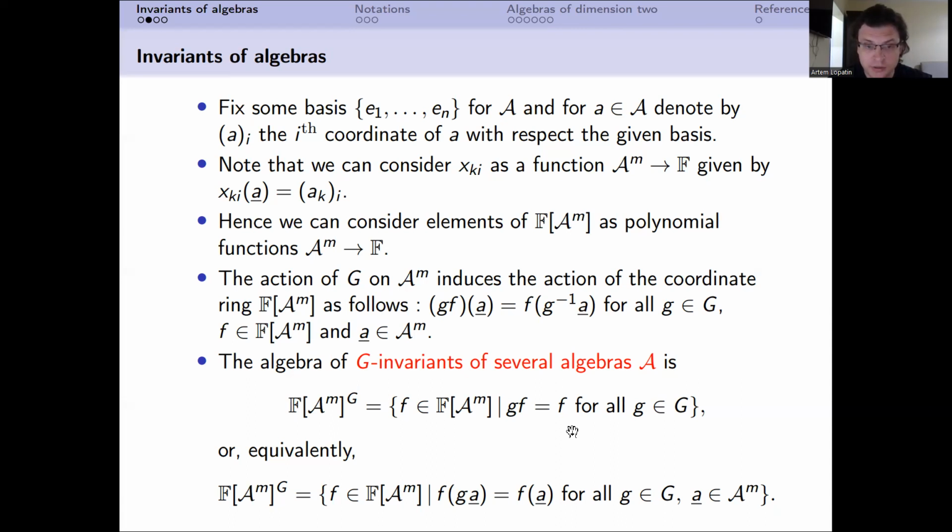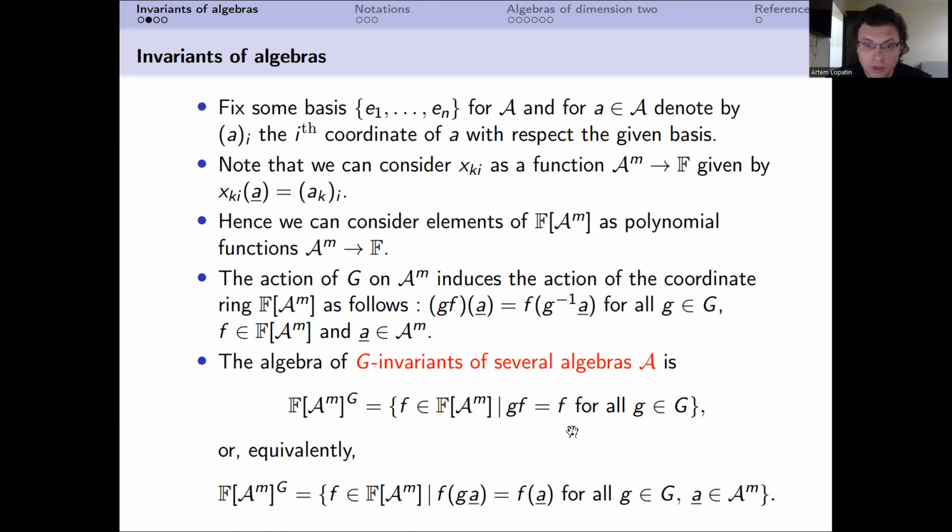Namely, in the case when we have a field F infinite and algebraically closed, then invariants separate closed orbits. Closed here means closed in the Zariski topology. So we have the usual Zariski topology, where a set is called closed if it is the solution set of some system of polynomials.